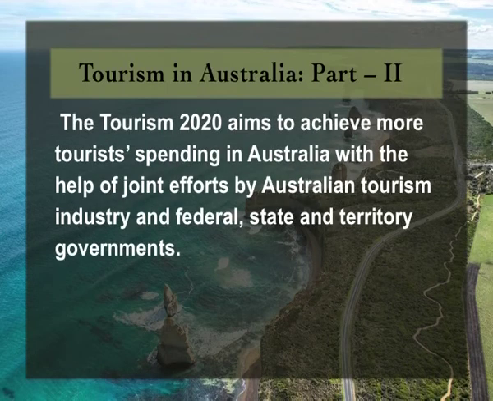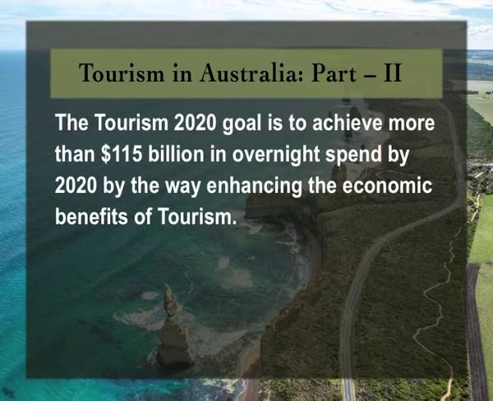Tourism 2020 aims to achieve more tourist spending in Australia with the help of joint efforts by the Australian tourism industry and federal, state and territory governments. The goal is to achieve more than $115 billion in overnight spend by 2020 by enhancing the economic benefits of tourism.